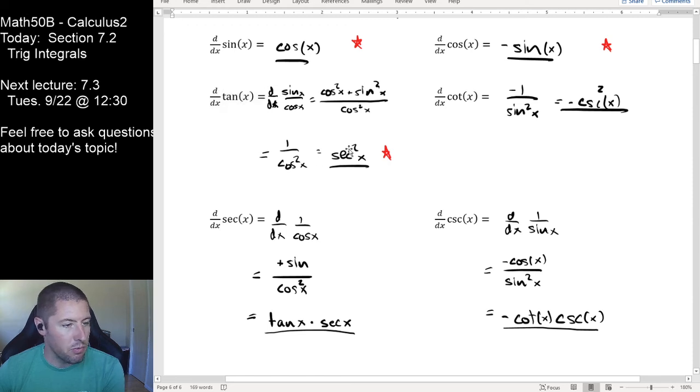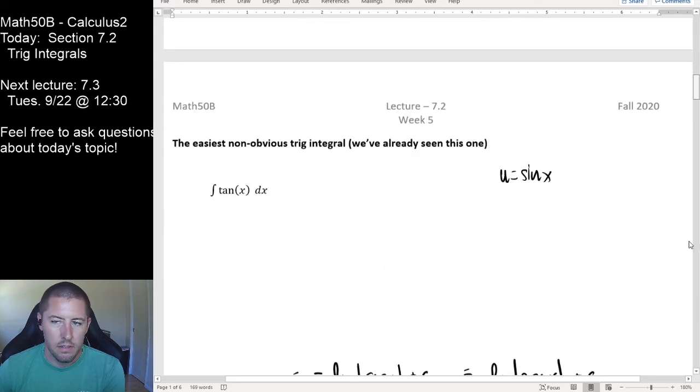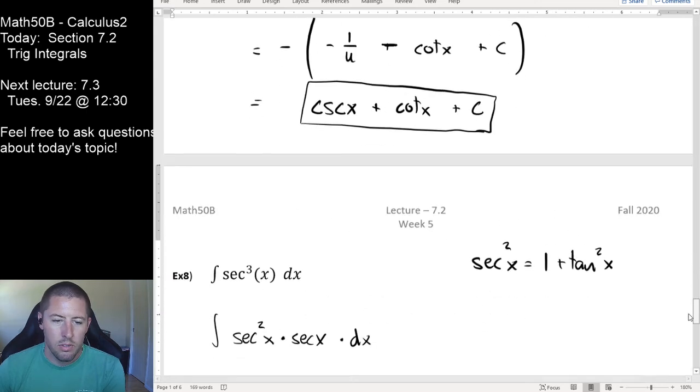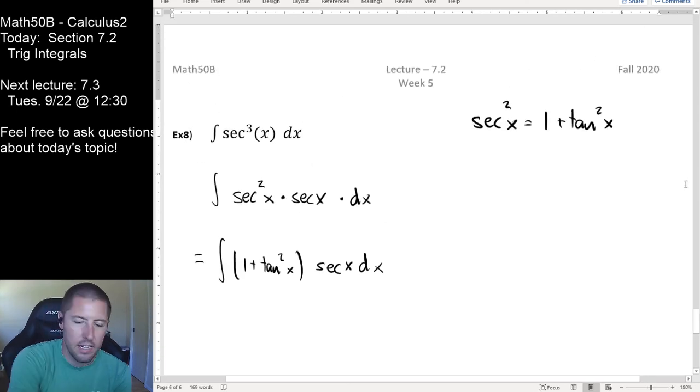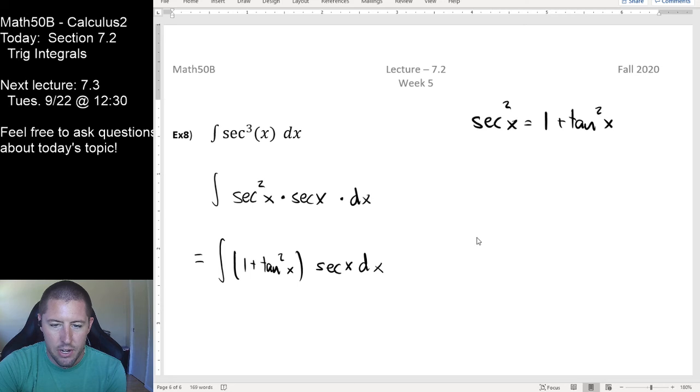I am not misremembering: the derivative of tangent is secant squared. Does that help me then? So can I do something like u equals tan x? Then du is, the derivative of tangent being secant squared, secant squared x dx.